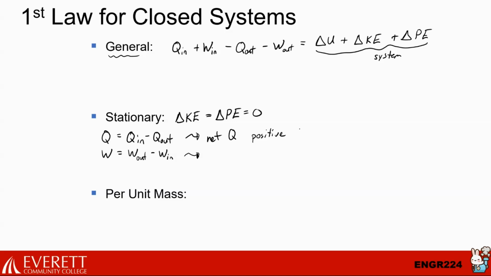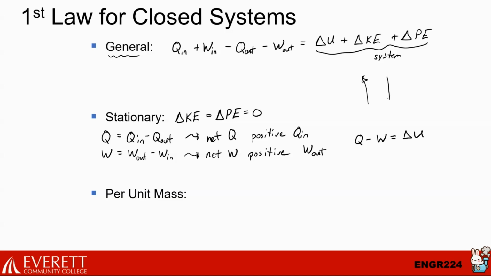So in other words, more Q coming in will give us a positive term for Q. So we're thinking about heat coming in. When we think about what we have systems for, typically the idea is that work coming out is the thing that we want. So we can say that net work out being positive results in a higher work out term. I don't love this designation, but this is a designation you see quite often. So in other words, the form will look something like this.